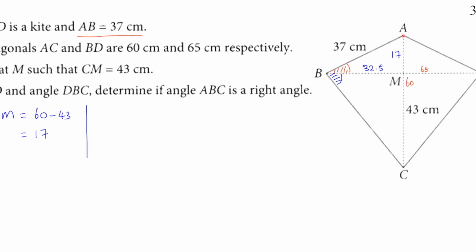I'm spoiled for choices because I have all three lines here. For ABM, let's use the adjacent and the opposite. We have O and A, so tangent. We're gonna use tangent, right? O over A equals to tangent angle ABM.